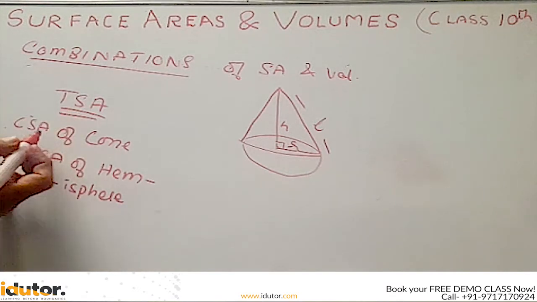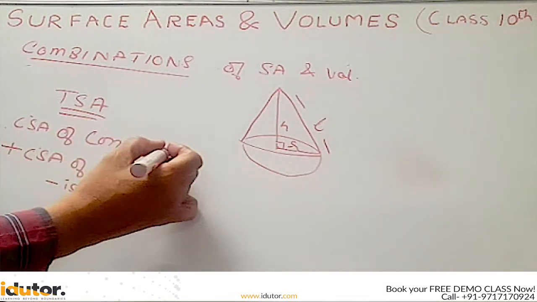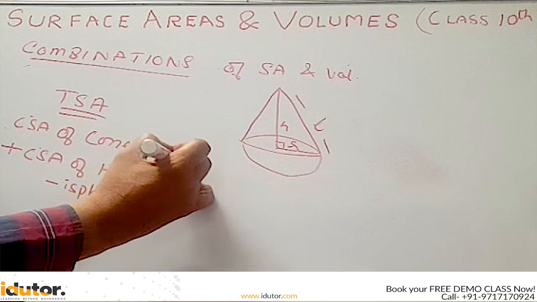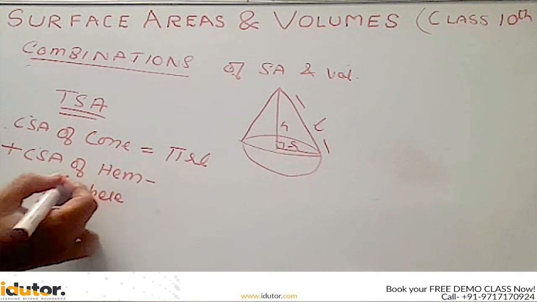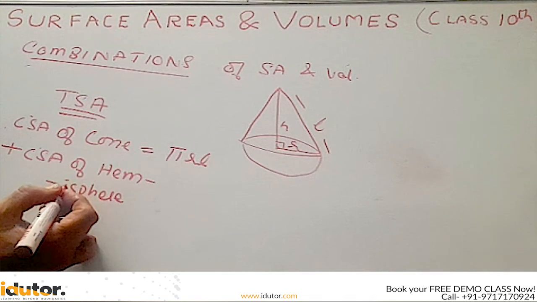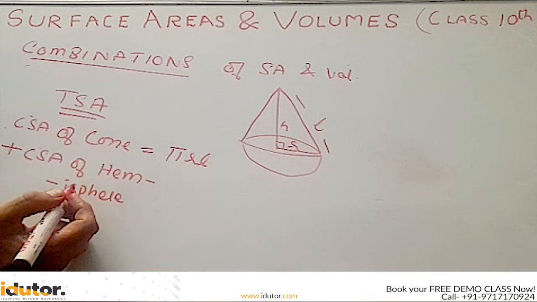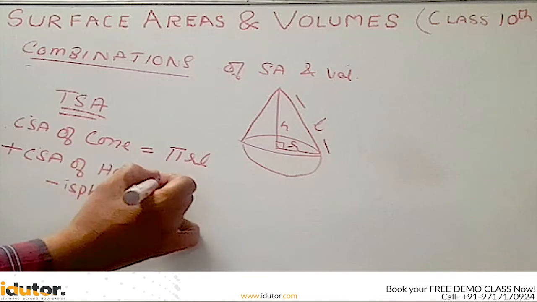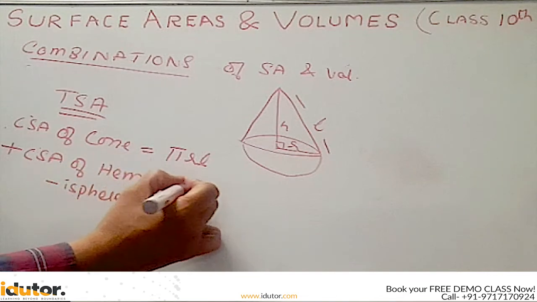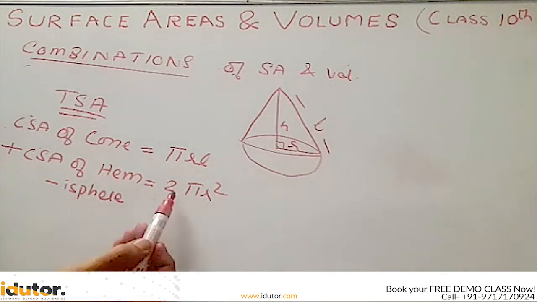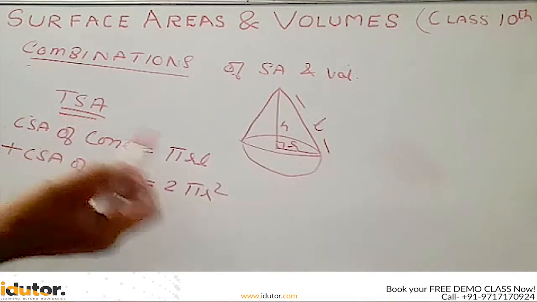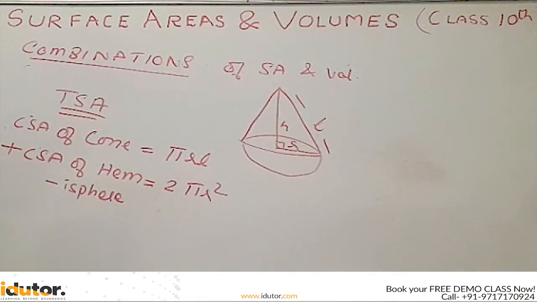The curved surface area of the cone is equal to pi r L, and we have to add the curved surface area of the hemisphere, which is 2 pi r squared. So we have to find out the values separately and add them, and we will get the total surface area of the figure.